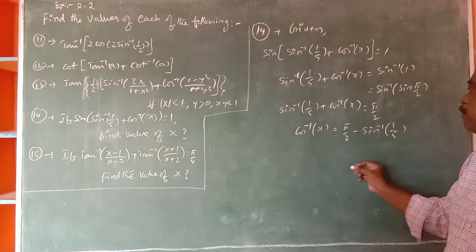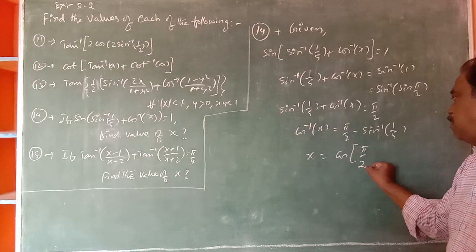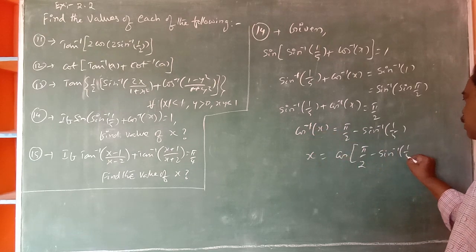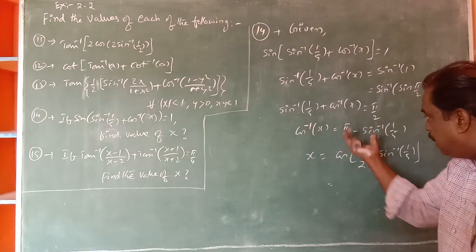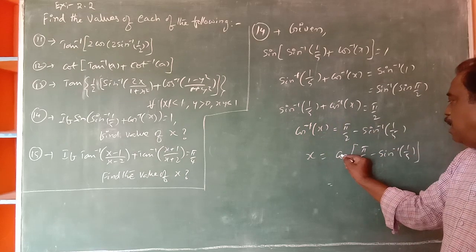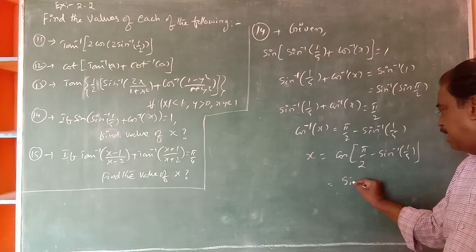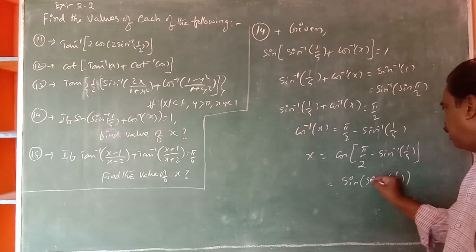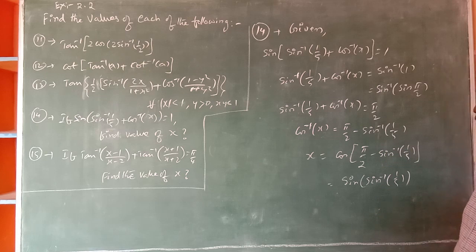Now x is equal to, here it is a cos inverse, it comes to this side as cos of this something. It is cos of (90 minus theta), and cos (90 minus theta) is sin theta. Somewhere some students may feel that suddenly cos changes into sin.